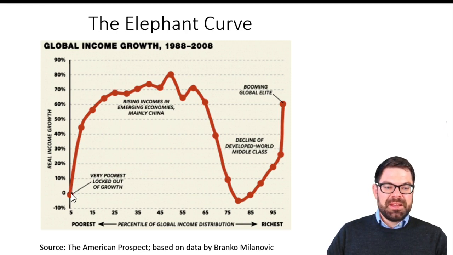We can see here that for the very poorest people, so let's actually start here. What is on the horizontal axis? That's probably the most important thing. On the horizontal axis, you get the percentile of a person in the global income distribution in 1988. So these are the 5% poorest people in 1988, and these are the 5% richest people.